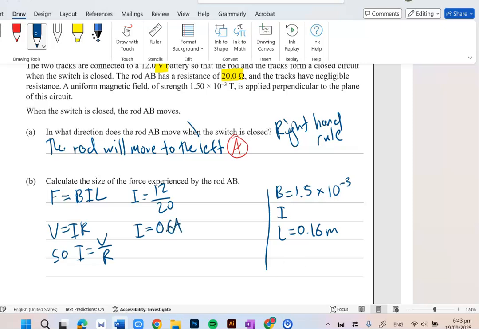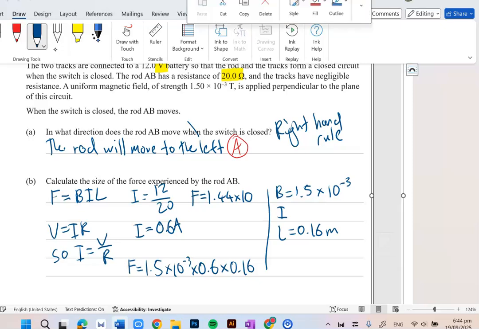So our force is just going to equal 1.5 times 10 to the negative 3 times 0.6 times our length, which is 0.16. Putting all that into your calculator, you should get an answer of 1.44 times 10 to the negative 4.